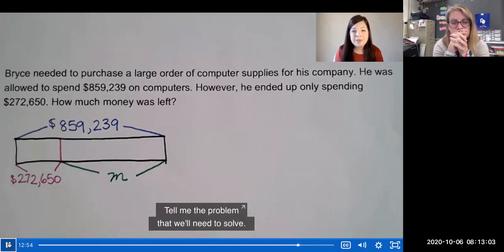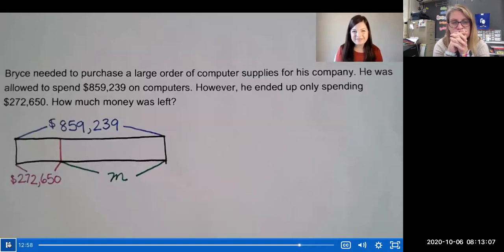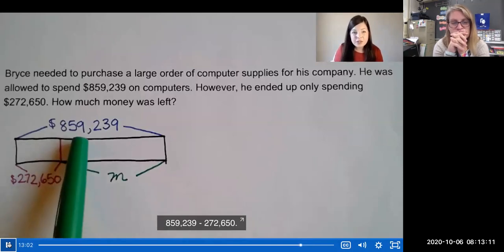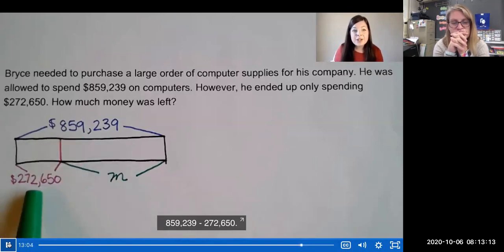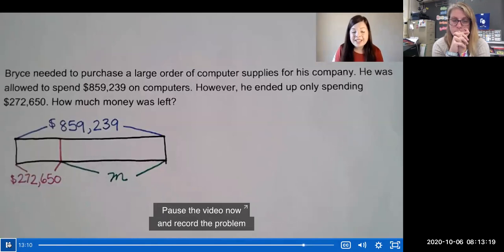Tell me the problem that we'll need to solve. 859,239 minus 272,650.